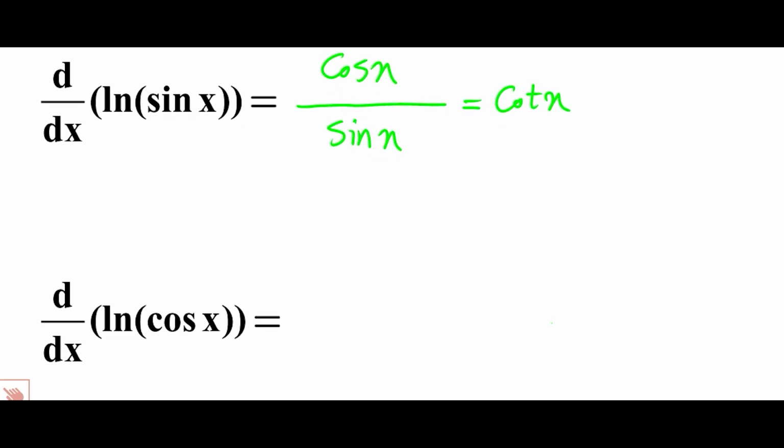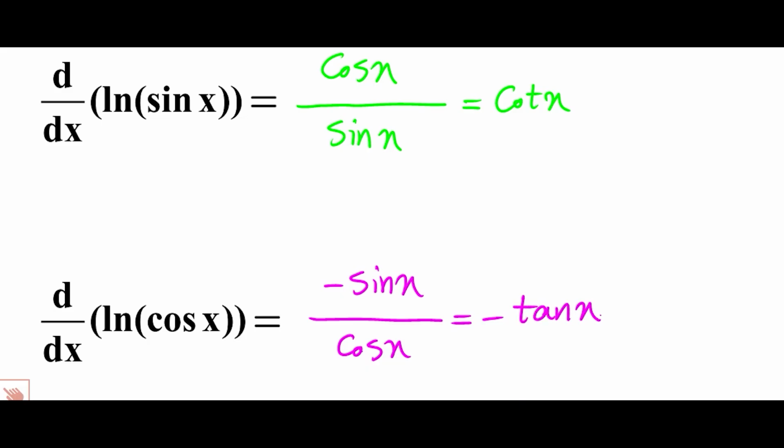Or the derivative of ln of cosine of x is equal to, the derivative of cosine of x is minus sine of x over cosine of x. So we have negative tangent of x. So the derivative of ln of sine of x is positive cotangent of x, and the derivative of ln of cosine of x is negative tangent of x.